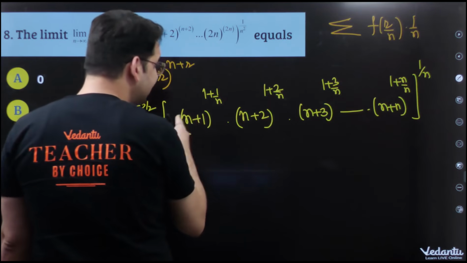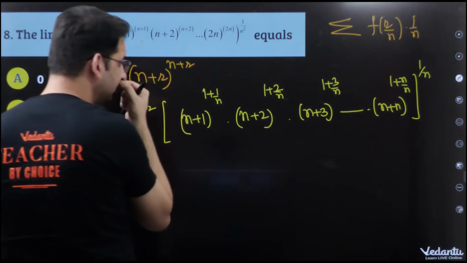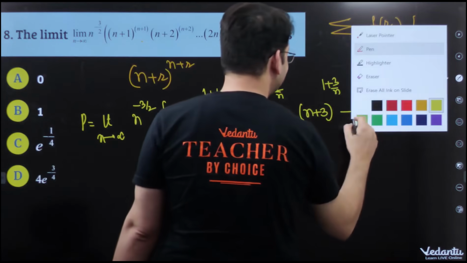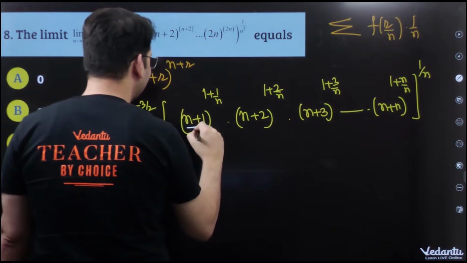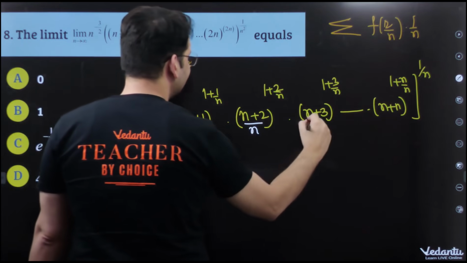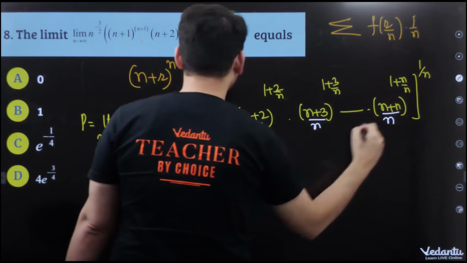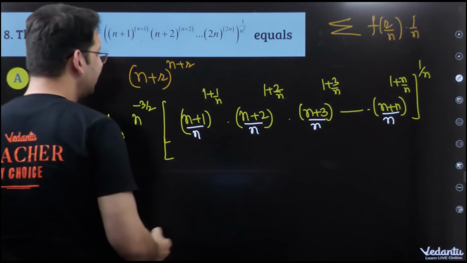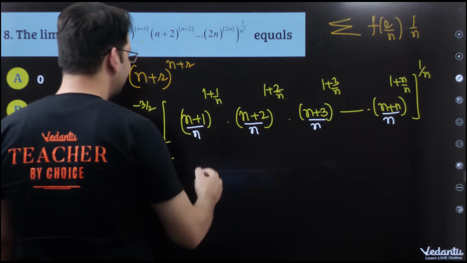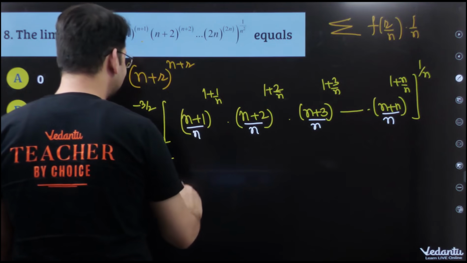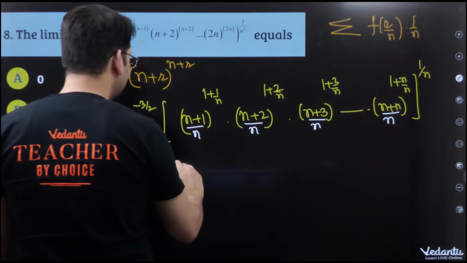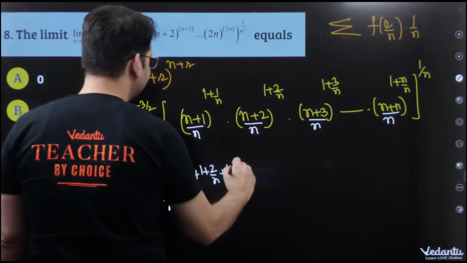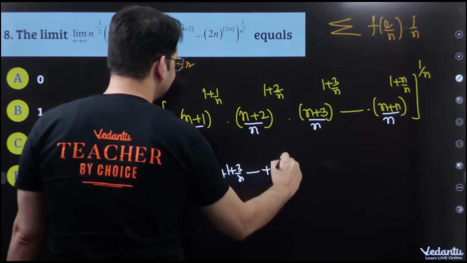Now I also need 1 plus r by n in the denominator. So what I do is, I divide every term by n. So basically I do n here, n here, n here, of course n here. So of course n to a certain power gets multiplied also. What is that certain power? Basically, I am going to multiply this with n to the power 1 plus 1 by n plus 1 plus 2 by n plus 1 plus 3 by n and so on up to 1 plus n by n.